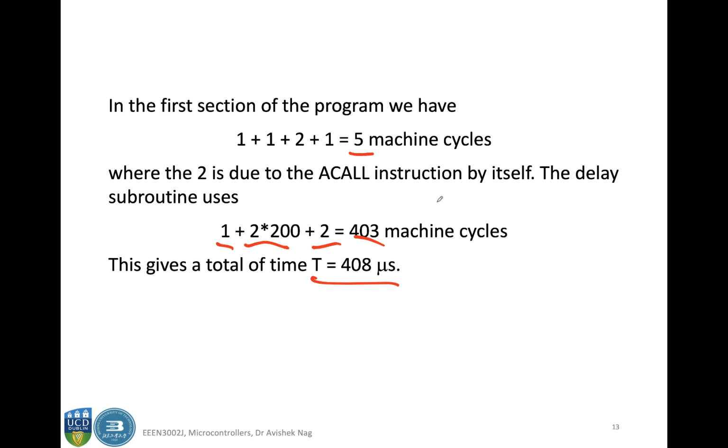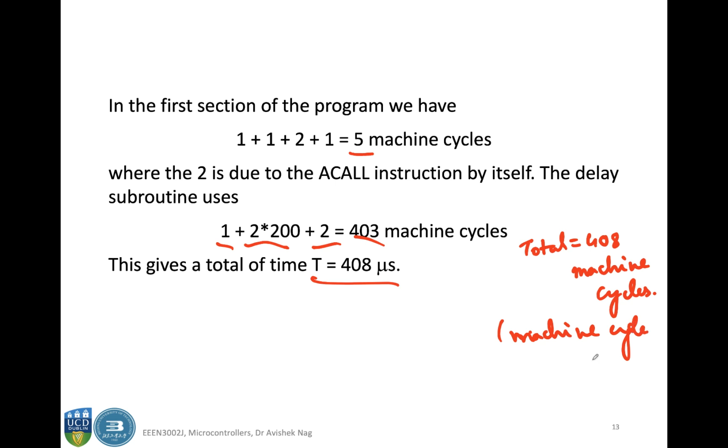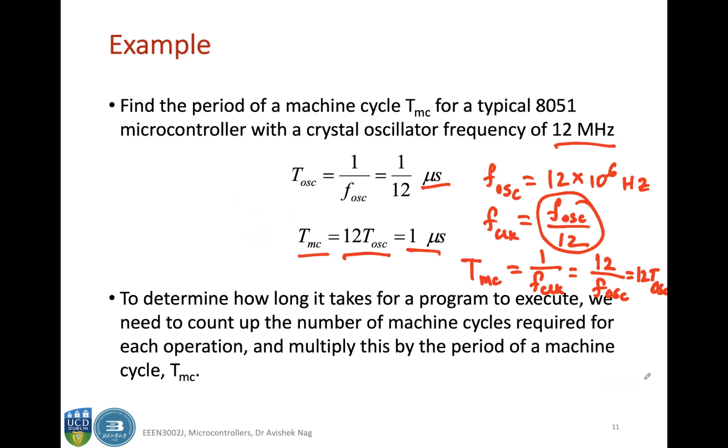So basically the total is 408 machine cycles, and 1 machine cycle is equal to 1 microsecond, as you found in this example here.